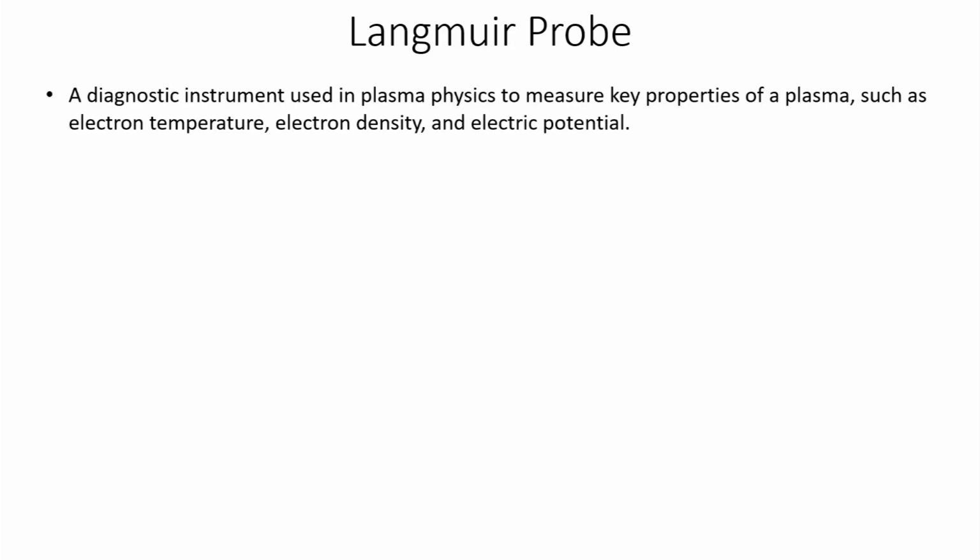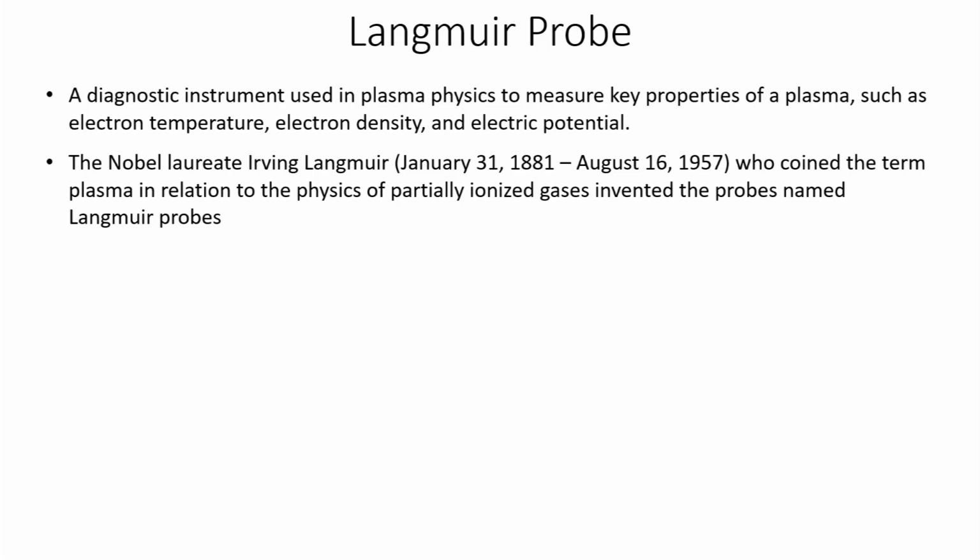So, what is a Langmuir probe? It is a diagnostic instrument used in plasma physics to measure key properties of plasma, such as electron temperature, electron density, or the built-up electric potential. And why the name Langmuir? It is named after the Nobel laureate Irving Langmuir, who coined the term plasma, and he also invented this probe.